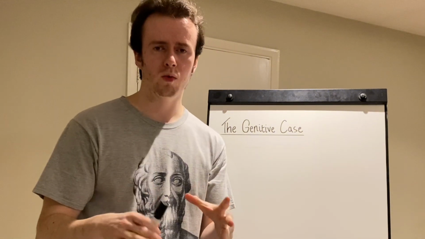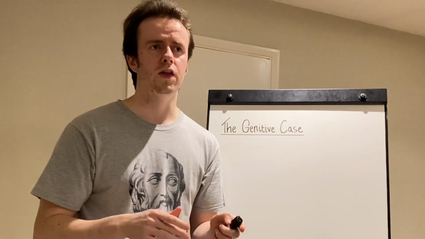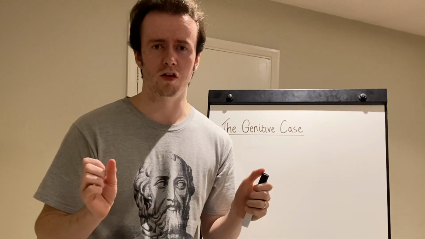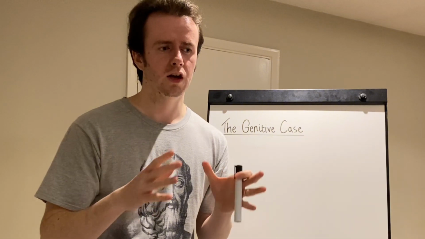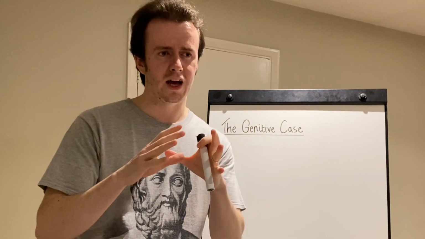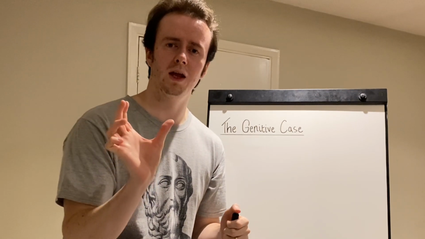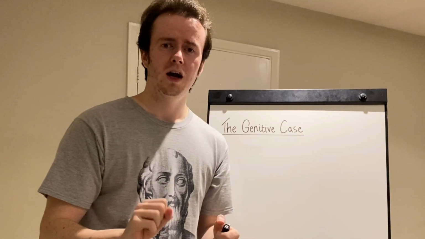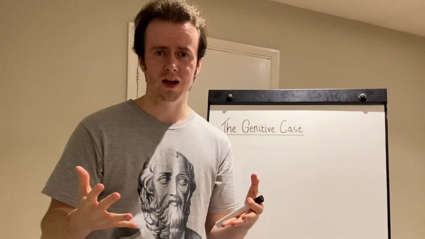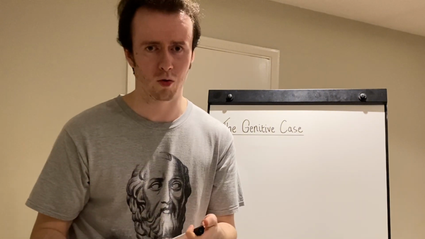And in fact, when the genitive means "of" in a different sense, such as the "of" of partition, which is where you say, for instance, "some of the slaves", where you're selecting a portion of a group, that phrase "of the slaves" would be in the genitive, and in that case, it is appropriate to leave the word "of" there. There is no way of making it sound more natural in English.